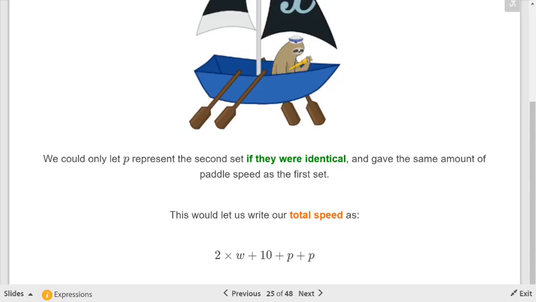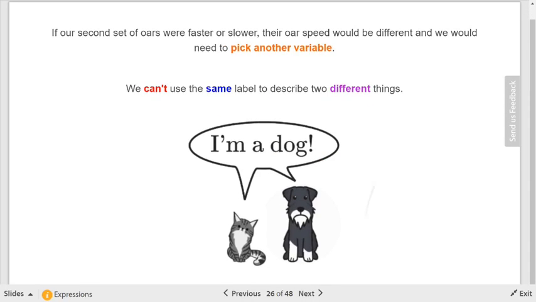Good job. Now, I'm a dog. True or false? Good. I'm glad you looked at the picture first. So in this case, I can't use the same label. I couldn't use D for both of them, right? What could I do? D and Y, or D and C, or D and K if it's a kitten, whatever. Or X and Y. They don't have to be descriptive, do they?